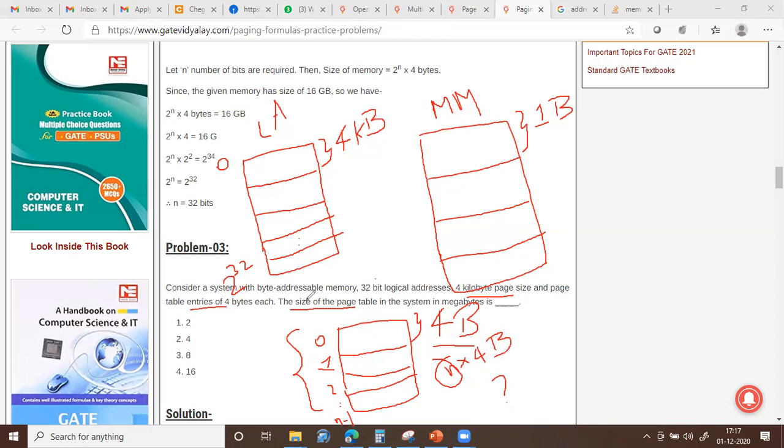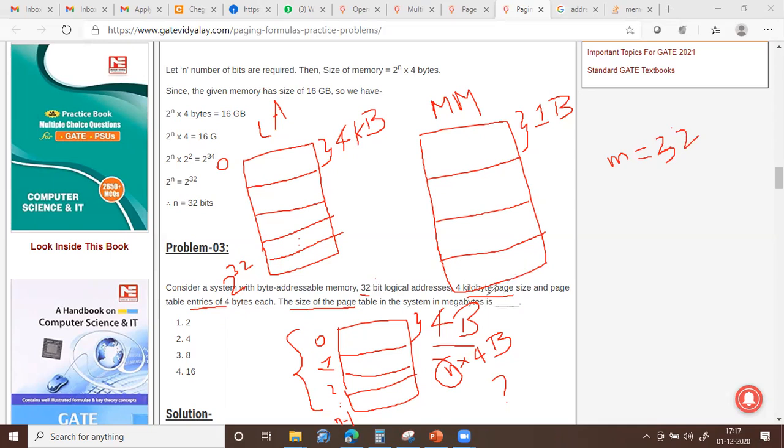Consider a system with byte addressable memory and 32-bit logical address. If you remember the theory we have discussed, it means m is equal to 32. The number of bits used in the logical address space is represented as m, so m is nothing but 32.